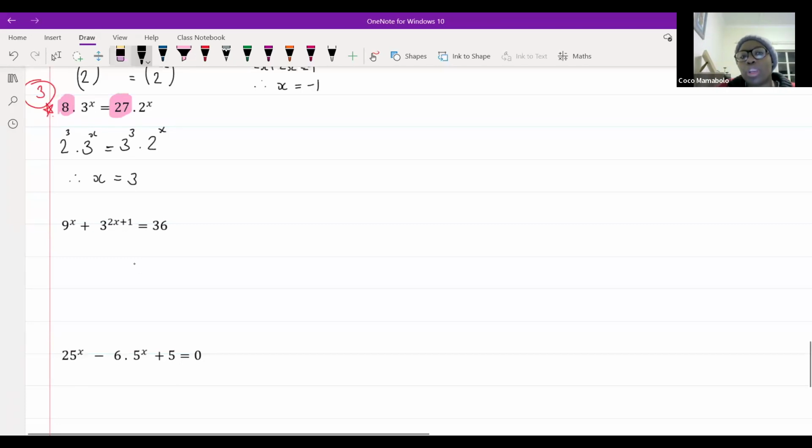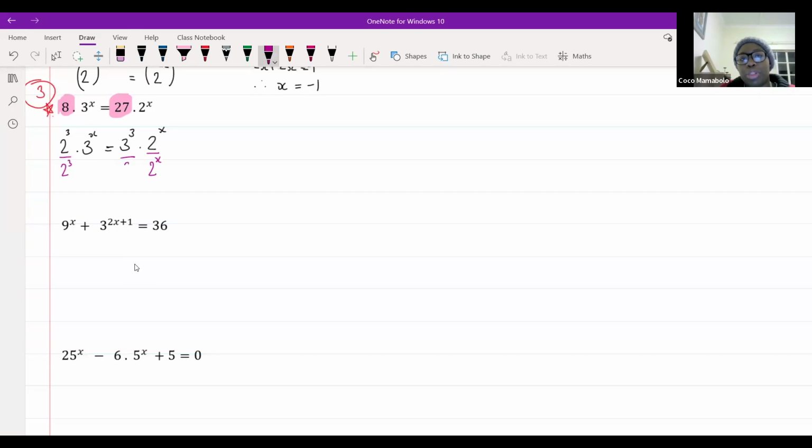So what I'm going to do here, guys, is take everything with an x over to one side and anything without an x to the other side. Because these 2 things are multiplied to each other, I'm going to divide on this side by 2 to the power of x, and then divide the other side by 2 to the power of 3.